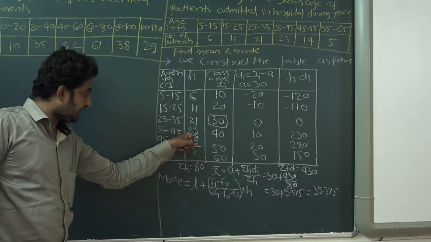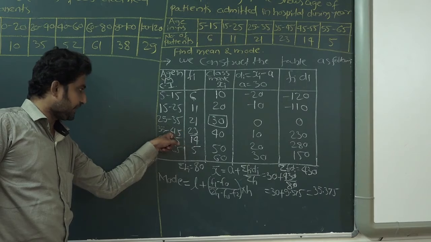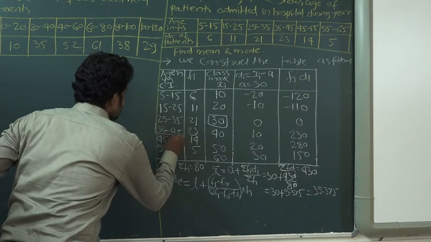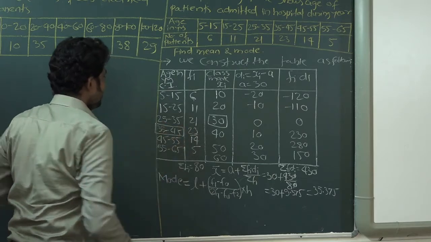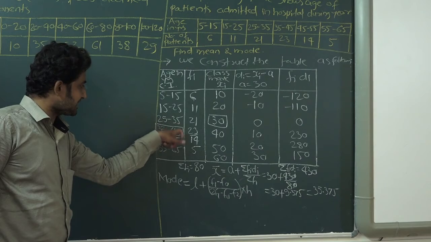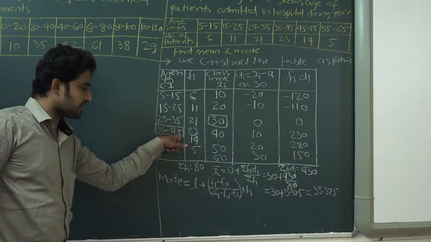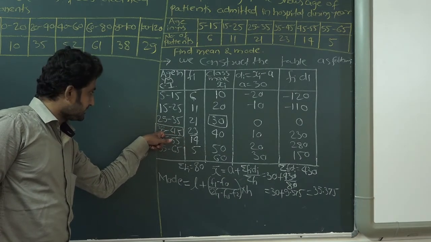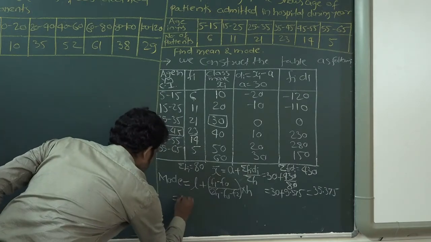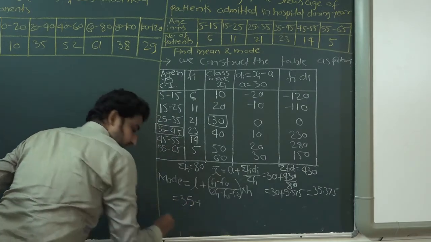The class belonging to this 23 is 35 to 45. Now this is our modal class. In this class interval, this is the lower limit, this is the upper limit. So the lower limit of the modal class becomes 35, right?